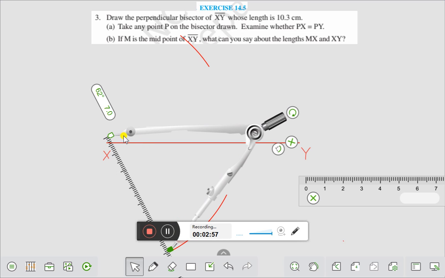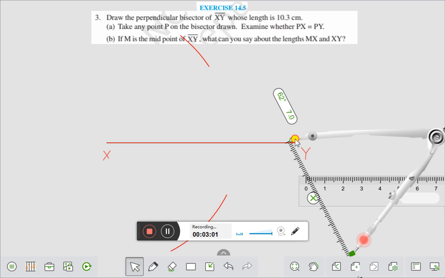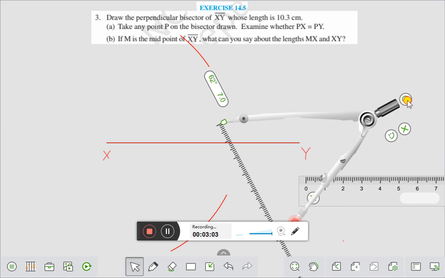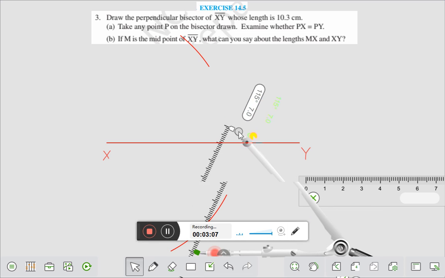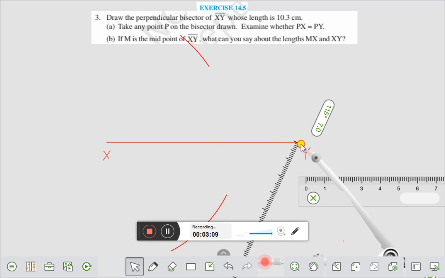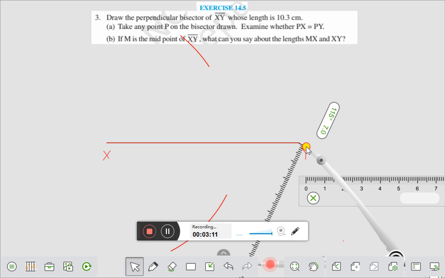Right? Now place the pointer at point Y and take another curve here.